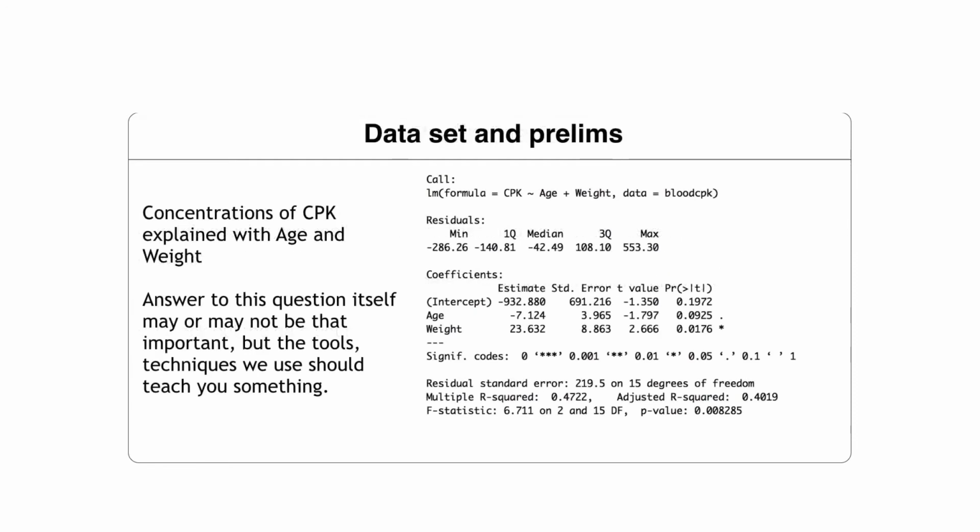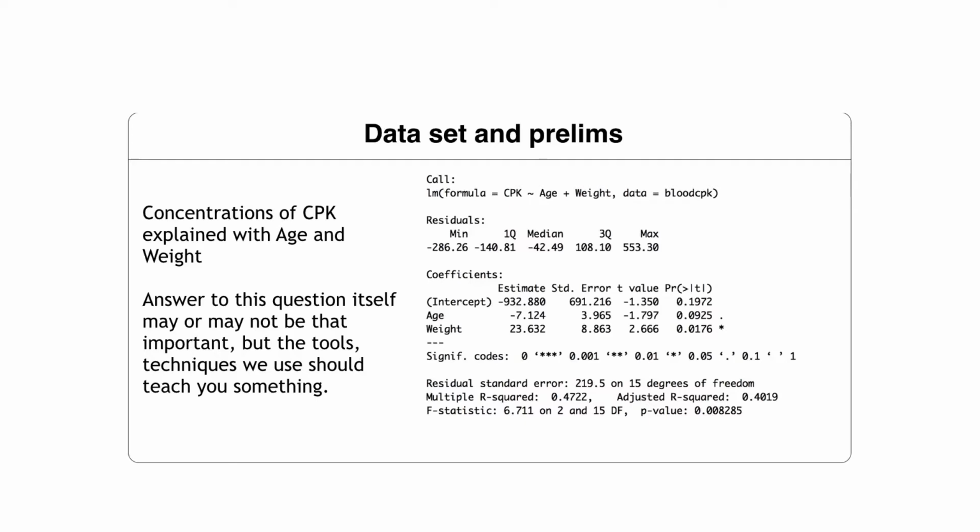The dataset that I'm using for this work is the dataset on the concentrations of creatine phosphokinase, which is a muscle protein, and on age and weight. So it could be like explaining whether body weight can better explain creatine phosphokinase in urine, or whether that is a factor that should be considered when we consider age as well.